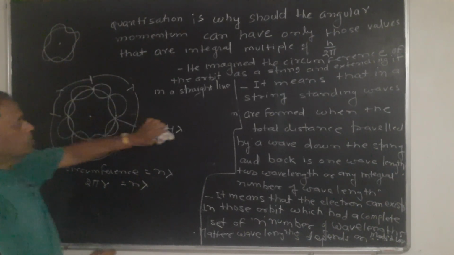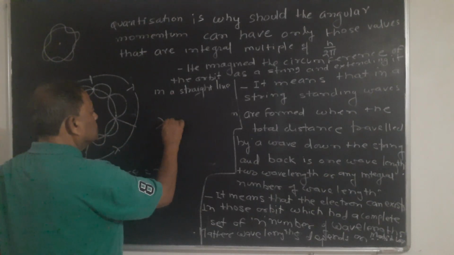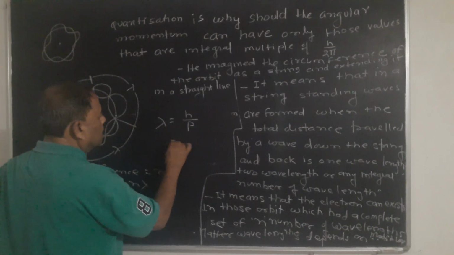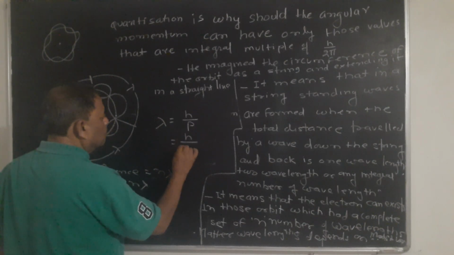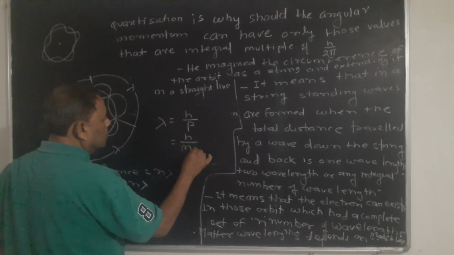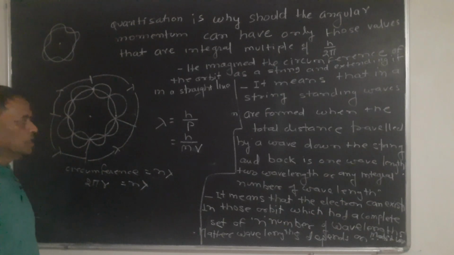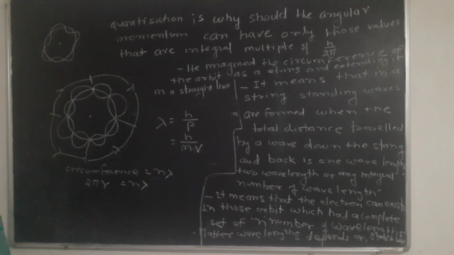Now lambda is equal to h upon p, where p is momentum, mass into velocity. So this is about the standing waves.